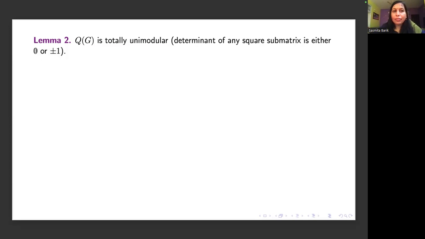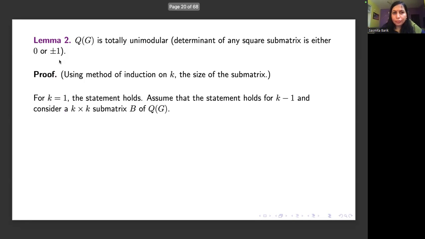The determinant will be 0 or plus minus 1. And to prove this, you can use induction. The induction will be used on the size of the submatrix.